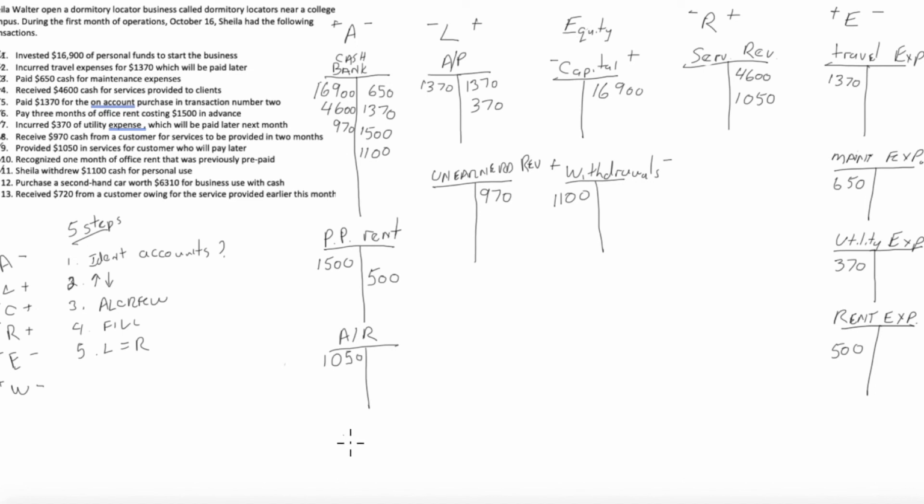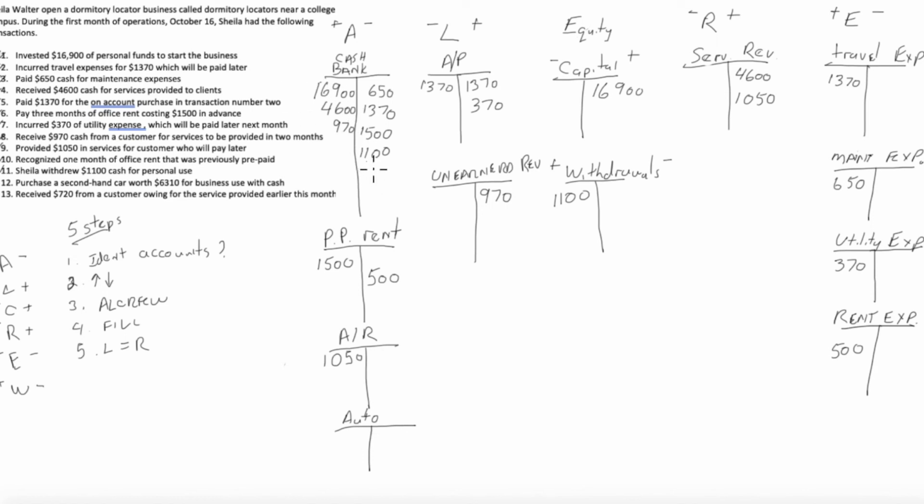A car falls under an asset. So automobile. Okay. All right. So did our cash go up? Our cash went down because we spent the money. And did our auto go up or did it go down, that asset? It went up. So we know that they're both assets.